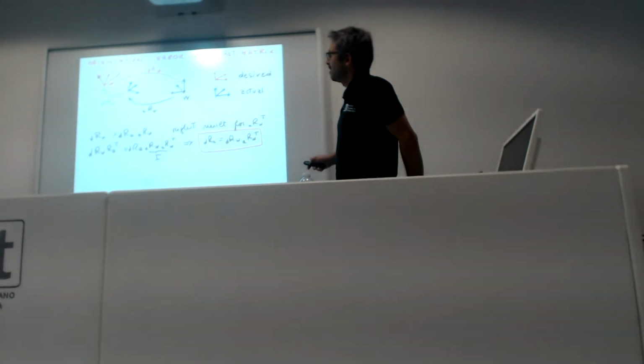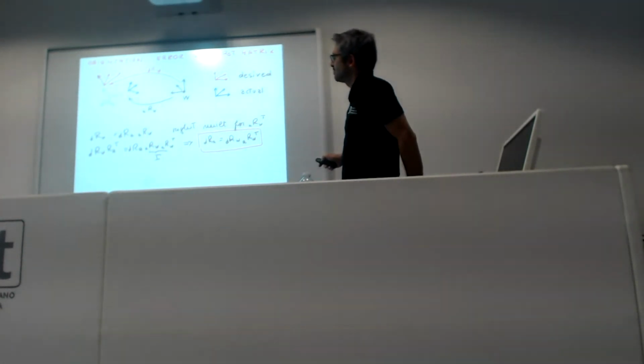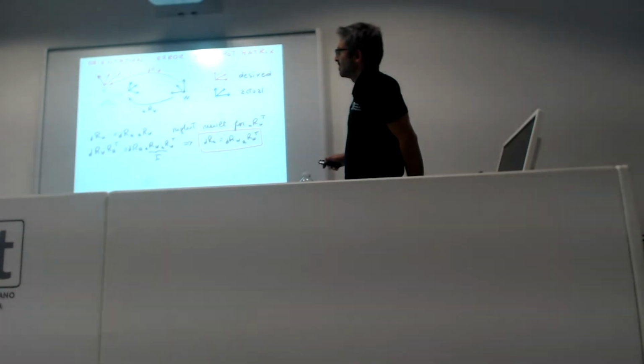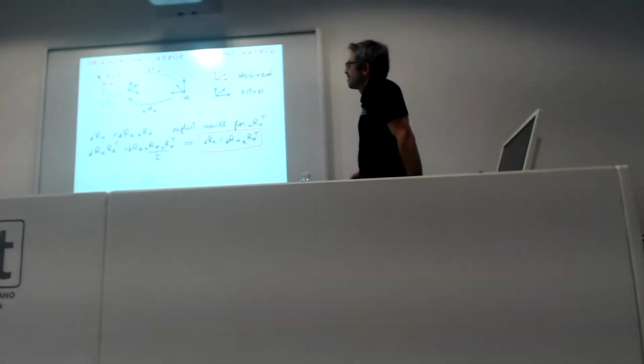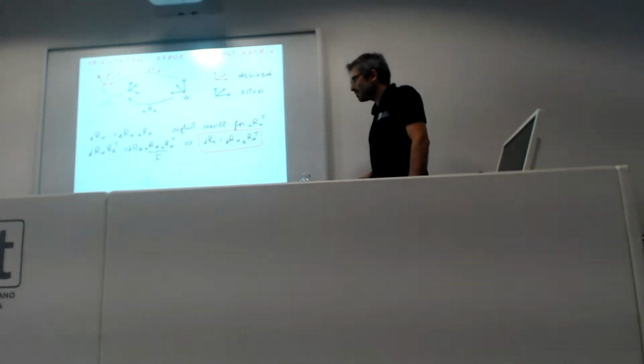If we right multiply by W A transpose, this term disappears, and here we have what we are looking for, which is the orientation matrix between A and D that represents our orientation error, and is equal to this expression.